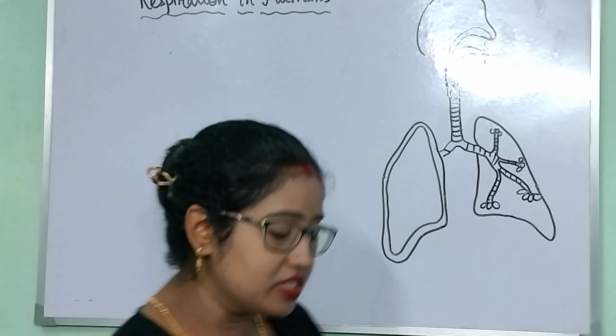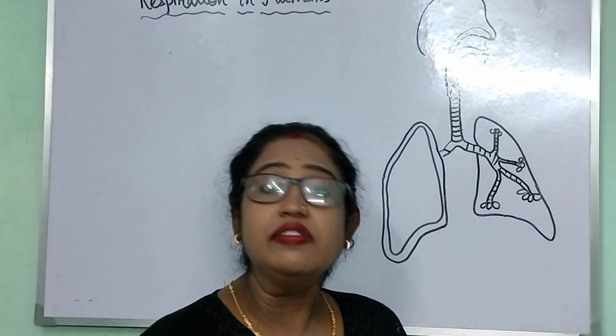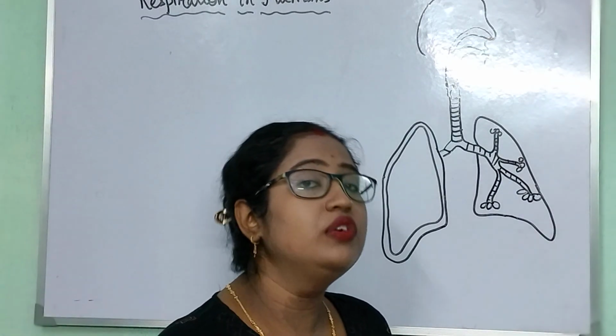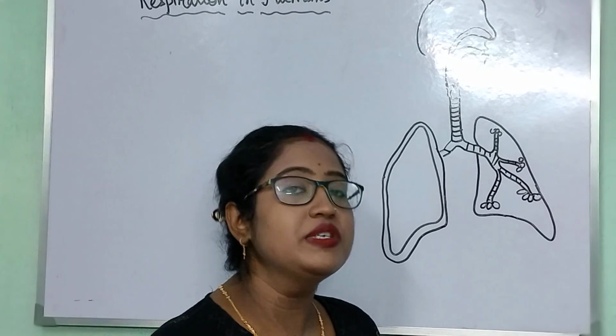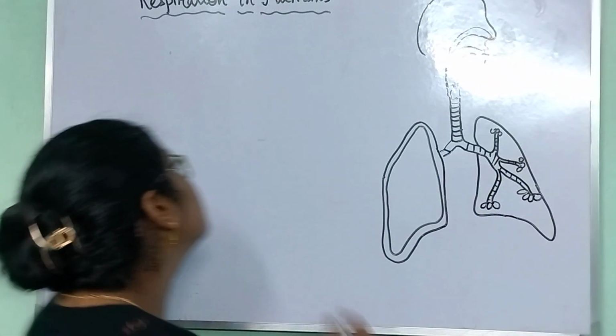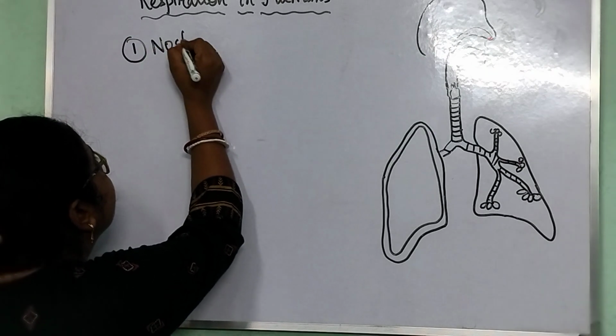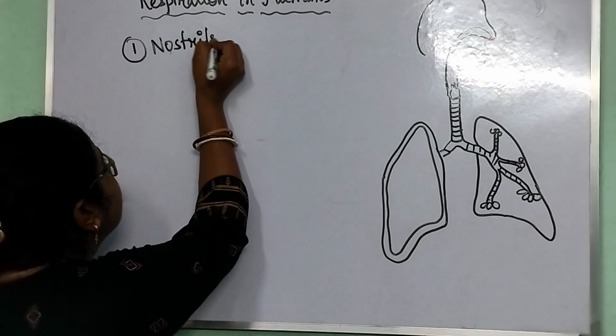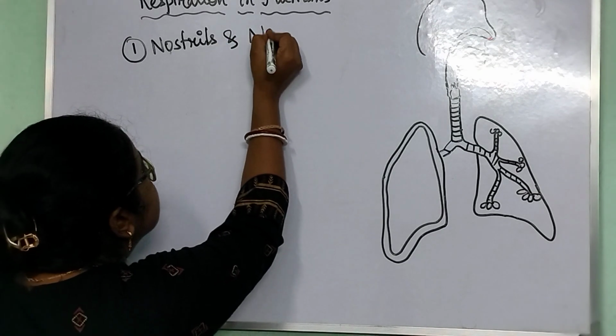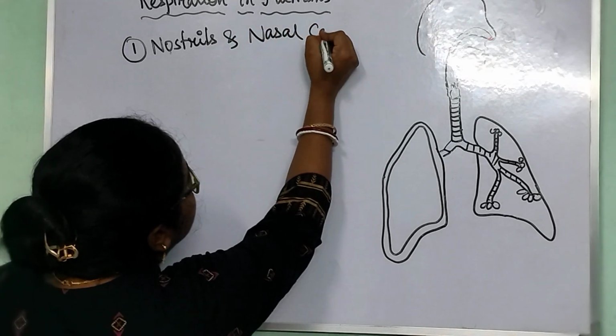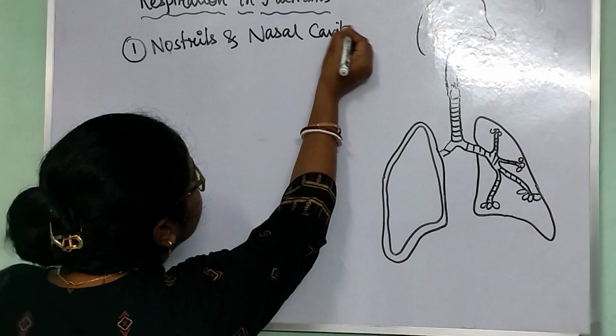The first part, the very outermost part of this respiratory tract, is the nostrils and nasal cavity.